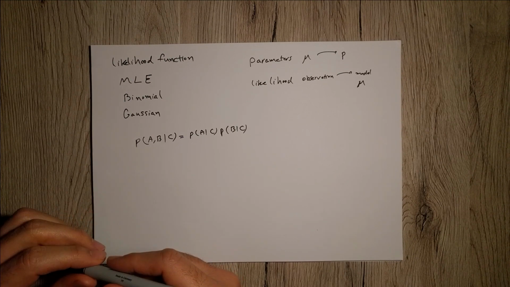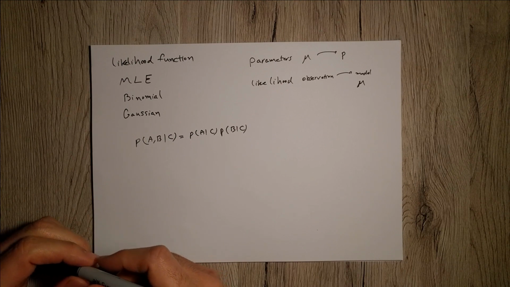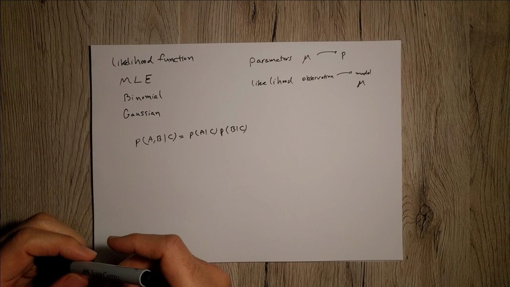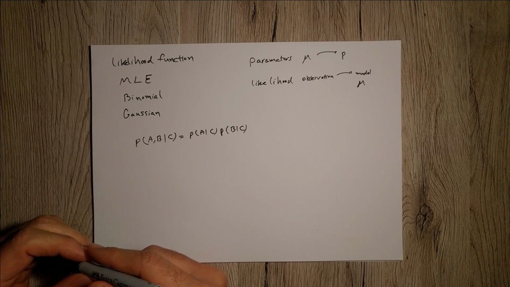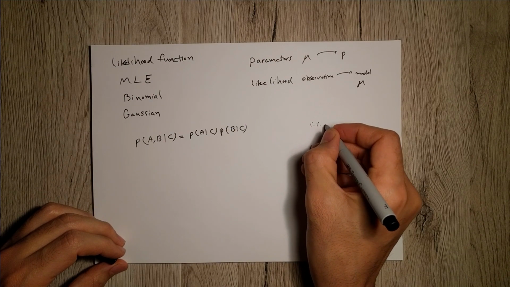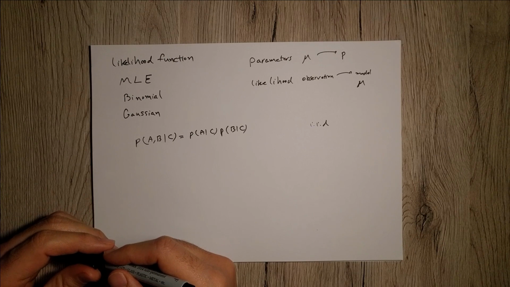Okay, let's review the steps that we do to find the maximum likelihood. We assume that our observations are IID, meaning they are independent and identically distributed.